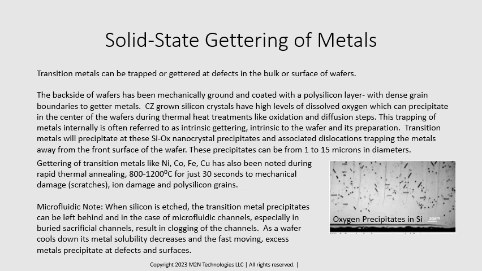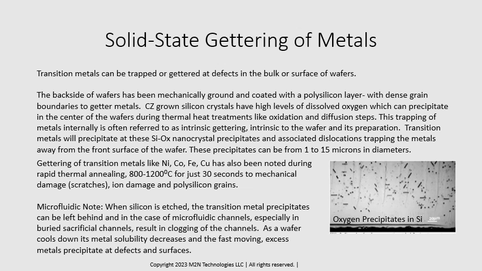For CZ silicon, there's a lot of oxygen in there, which will precipitate after a high temperature long anneal, and you can basically use those silicon oxygen precipitates in the center of the wafer to trap the transition metals and allow you to make functional devices on the top surfaces.